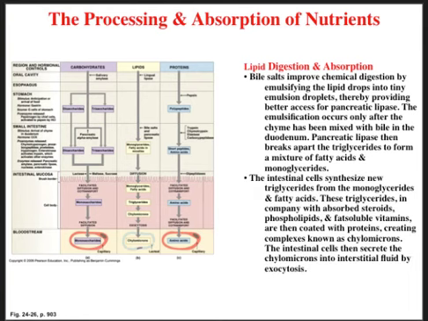The intestinal cells then make new triglycerides from the monoglycerides and fatty acids, and these, in company with absorbed steroids, phospholipids, and fat-soluble vitamins, are coated with proteins, creating complexes known as chylomicrons. The intestinal cells then secrete the chylomicrons into the intestinal fluid in a process known as exocytosis.